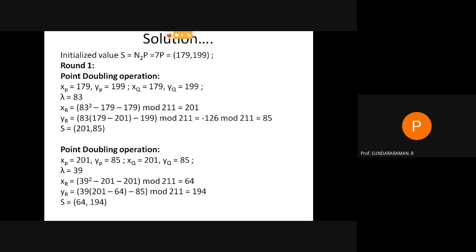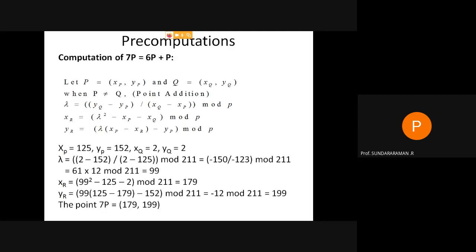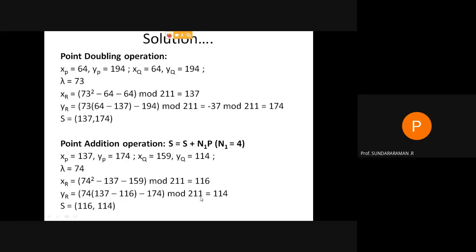So what was the value of 4P? 4P is equal to 159,114. See, now I used the point Q as 4P. Previous result 137,174 needs to be added with 4P, 159,114, which results in a point 116,114.